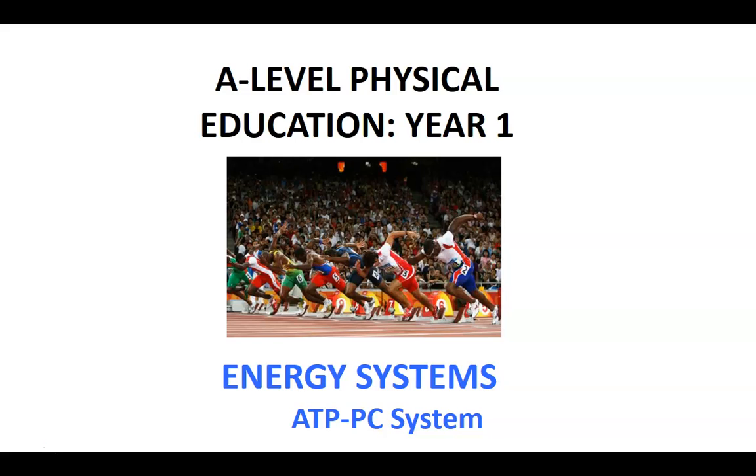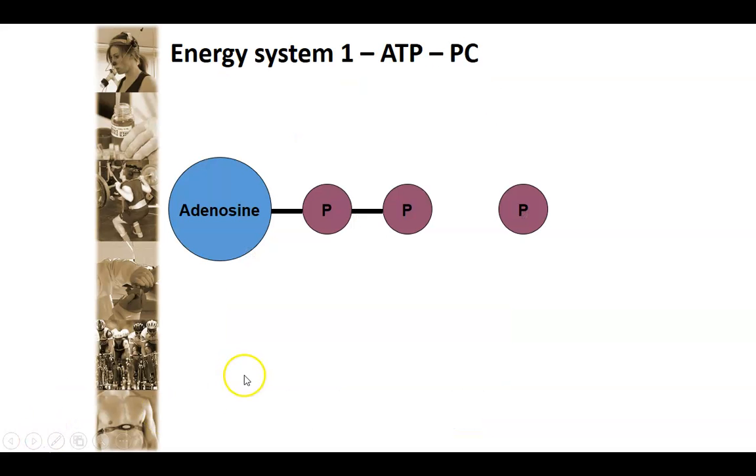So what happens is the enzyme ATPase breaks down the high energy bond between the second and third phosphate, which leaves us with ADP plus P plus energy, and then we have a contraction, and then our ATP stores are completely depleted. Once this happens, we need to move on to the first energy system, which is known as the ATP PC system. So this is ADP right here.